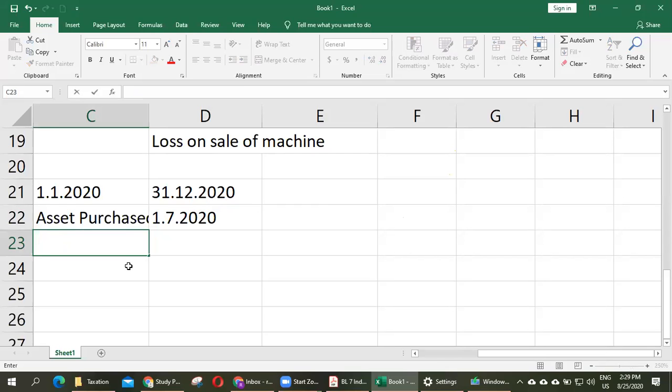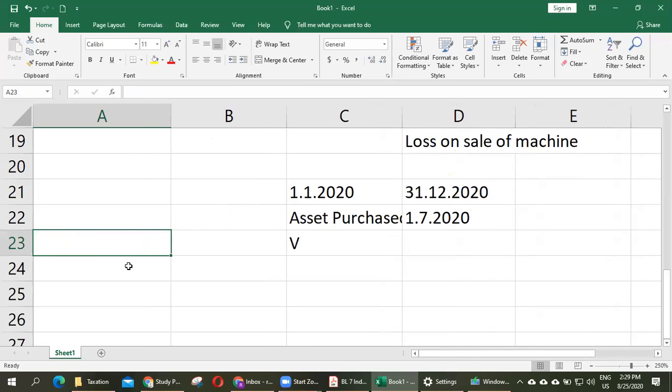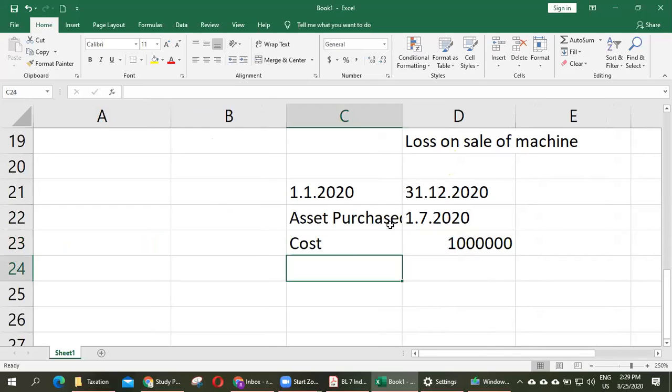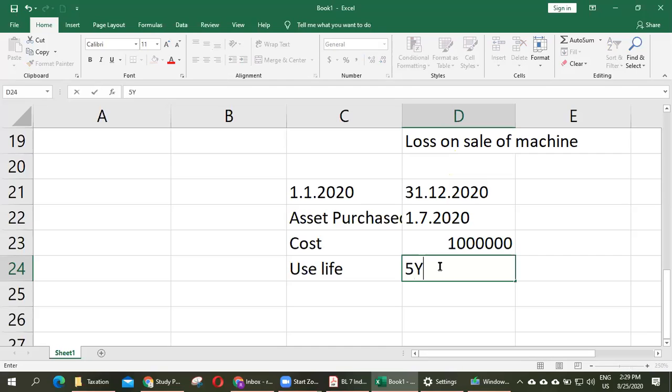Value of the asset is cost. The cost of the asset is 1 million, and the useful life is say 5 years.